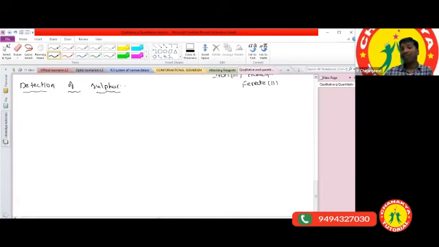We have a different test. In the Lassaigne extract, sulfur is present in the form of sodium sulfide.